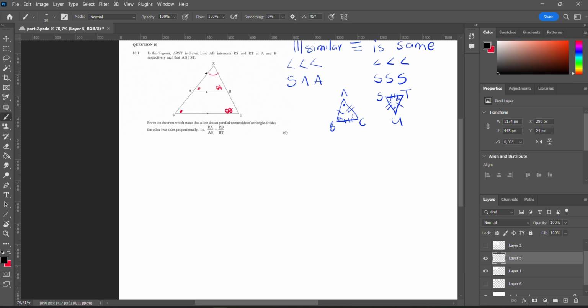So jumping in, we're going to have angle R, and then we're going to say angle R is common, right? And we're going to say angle RAB equals angle RST, and the reason for this is corresponding angles.